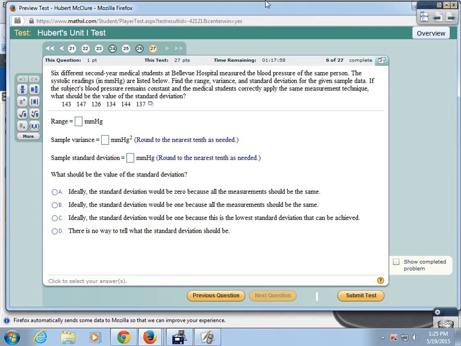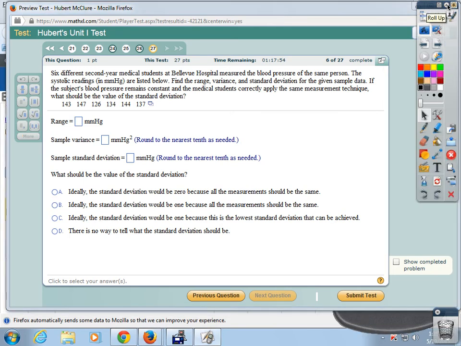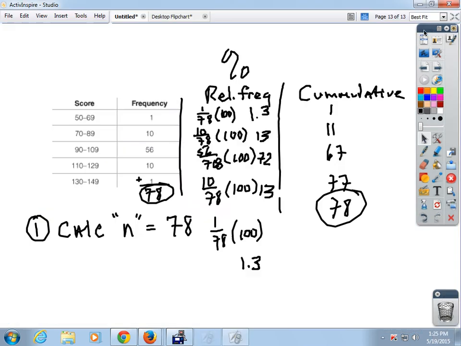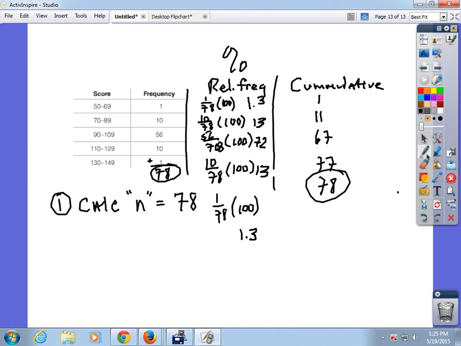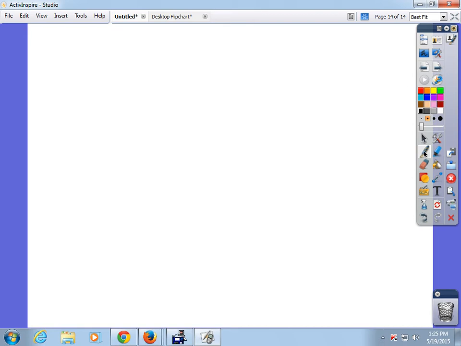All right, so let's look at chapter 3 now. Chapter 3 revolves around two things. Well, actually, three things.